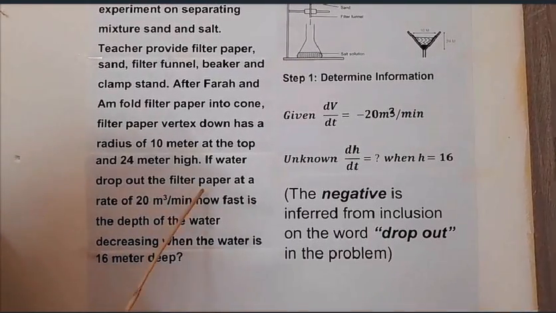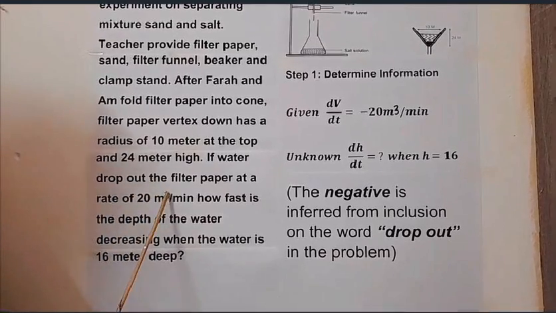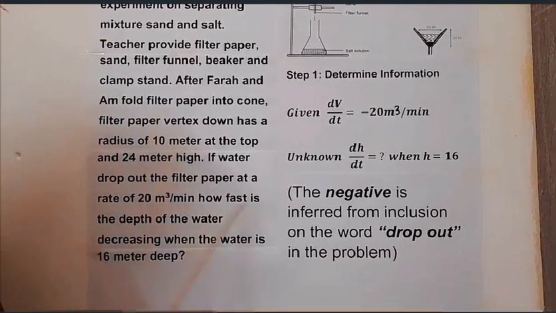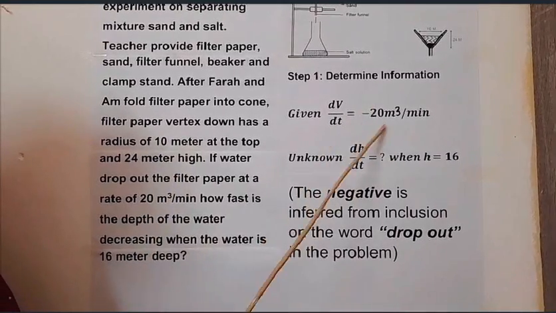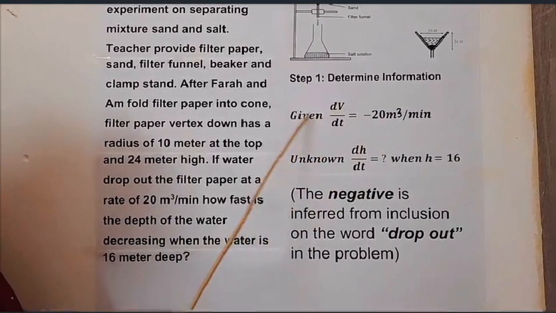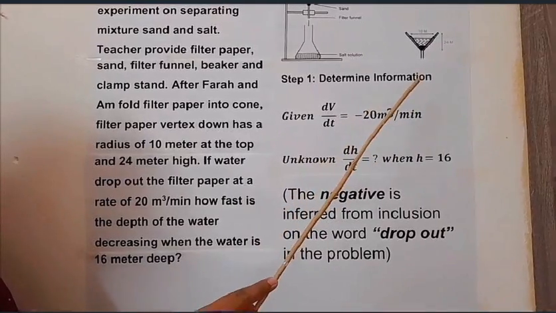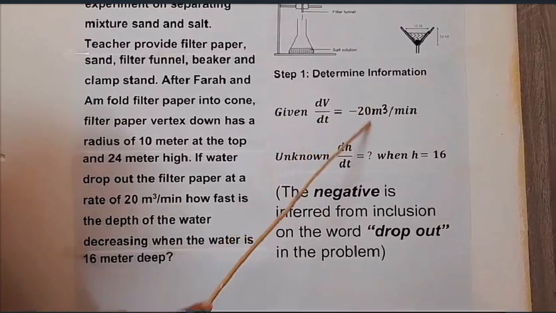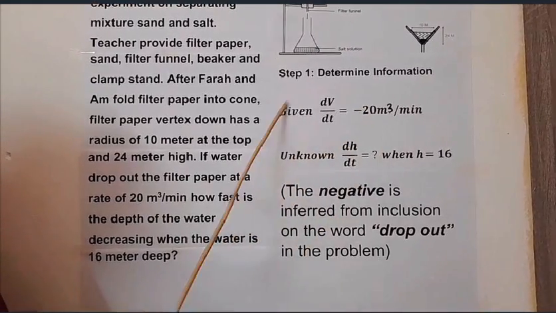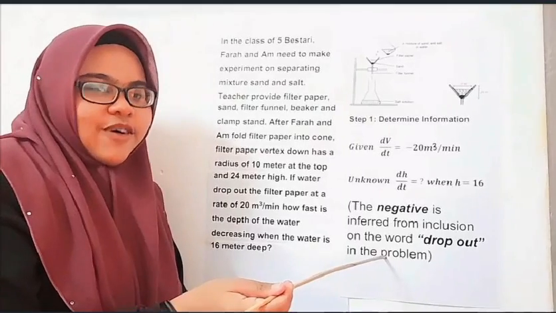For example, if something drops out, melts, or goes down or decreases, we must put a negative for the given information that has area or volume per minute. That's why we must put negative in this information. That's all, so we go to the next step.